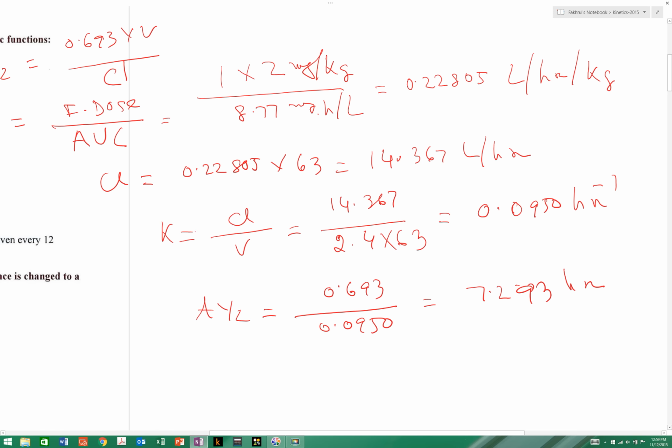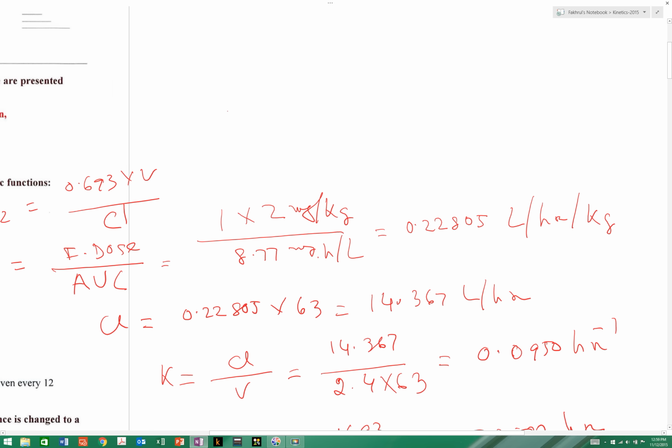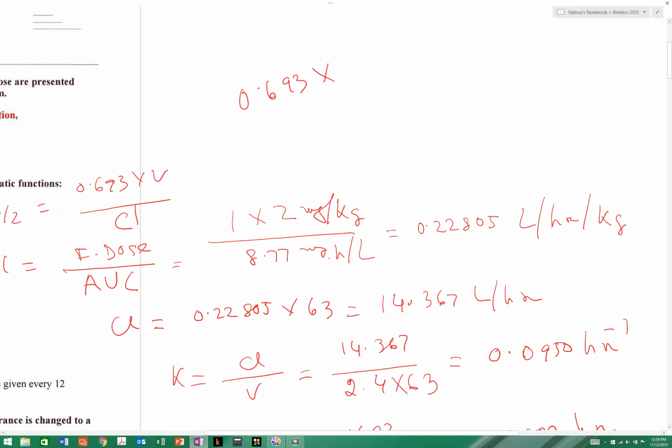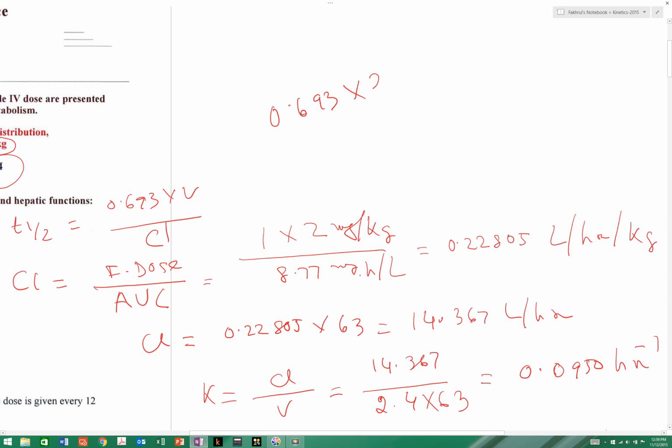You could have easily avoided this part. Just use that equation. For example, here 0.693 times V, which is 2.4 times 63, divided by CL. CL is 14.36 liter per hour. It would have given the same answer.